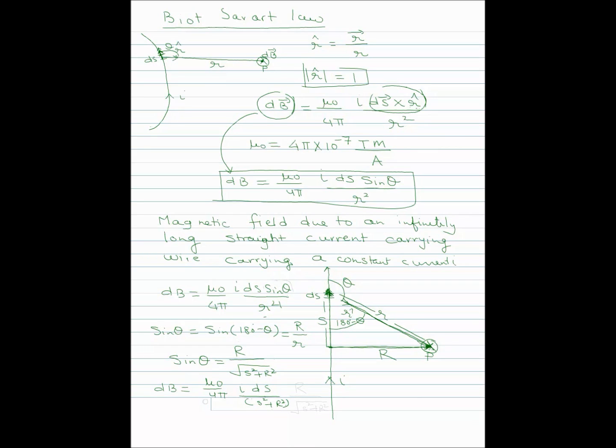And then this sin θ will become r divided by the square root of s² plus r². So the total magnetic field will be the integral of this. So the magnitude B will be the integral of dB. And remember, the direction is pointing into the paper.